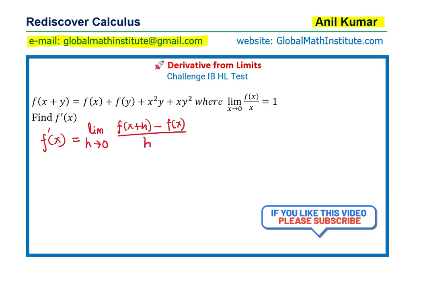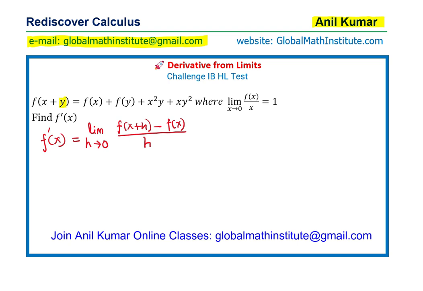Now, what is x plus h? So the idea is, x plus y is given to you. Replace y with h, you will get x plus h. So let's do it. So this is equal to limit h approaches 0.